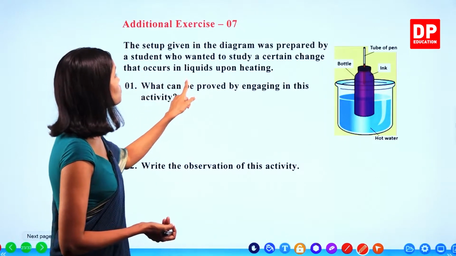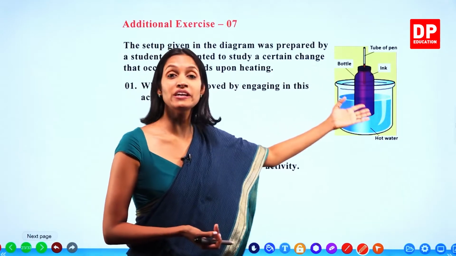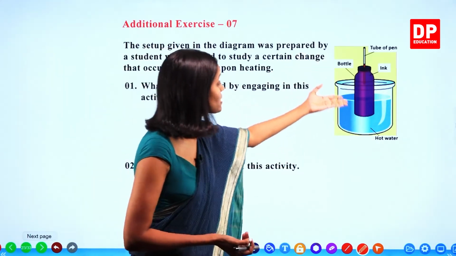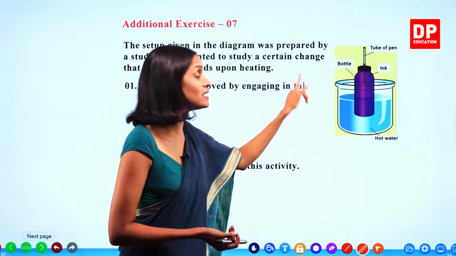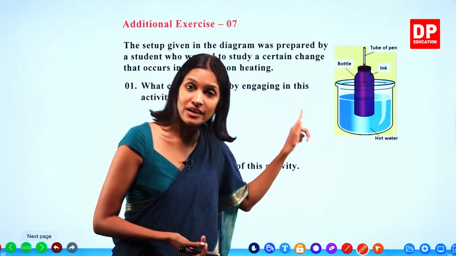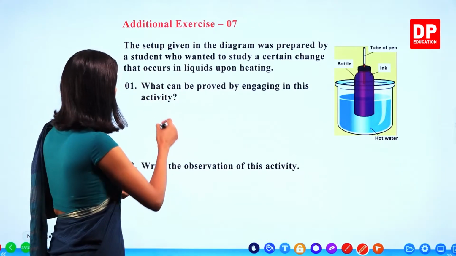What can be proved by engaging in this activity? So, it's very clear when you engage in this activity, because of the rising of the liquid inside the empty pen tube, we all know that that happens because of expansion of liquids, right? So, what can be proved?